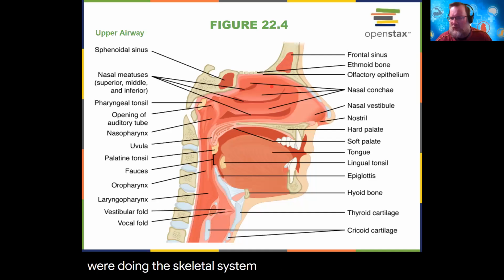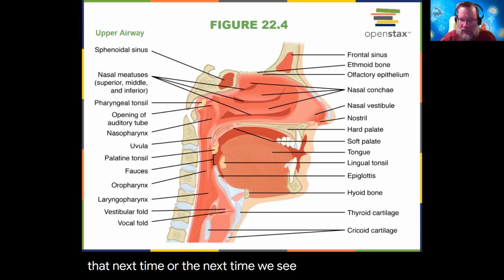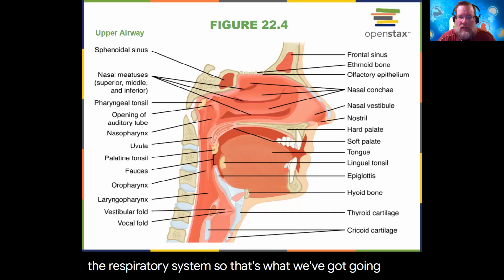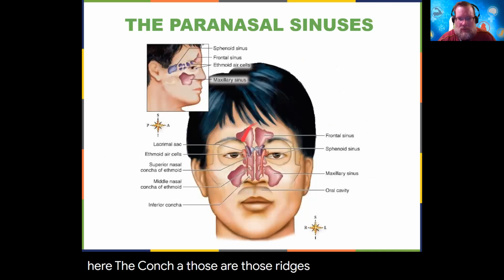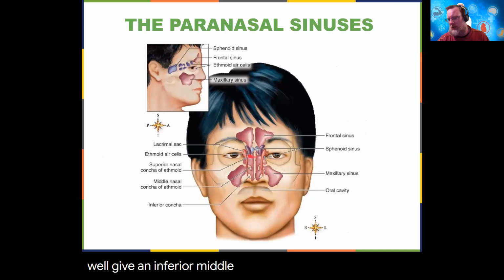I think at least briefly, we glossed over it and said we'll look at that next time, in the respiratory system. So that's what we've got going on here. The conchae are those ridges in the bone, and you can see them from a frontal view as well. You have an inferior, middle, and superior concha.